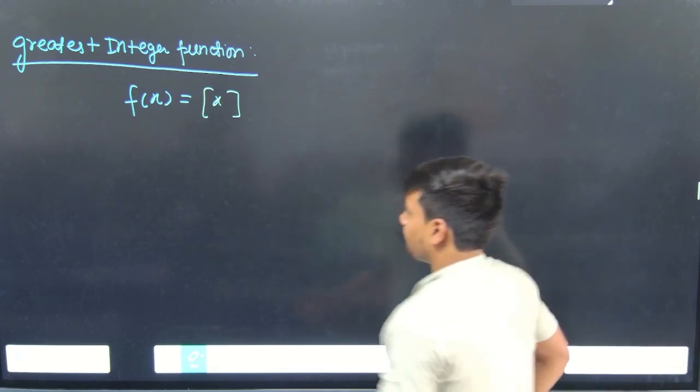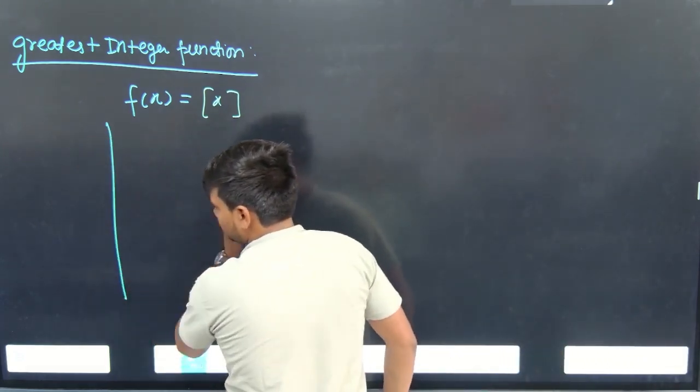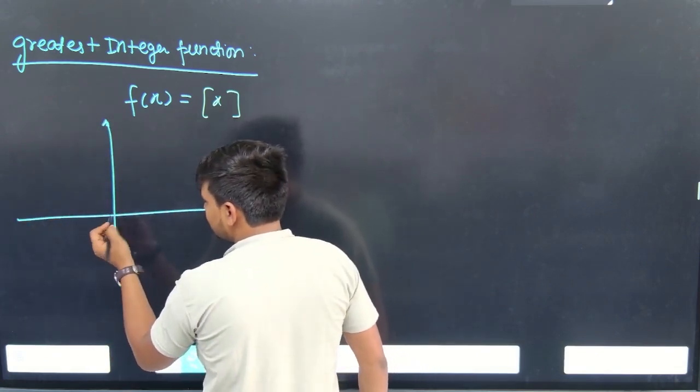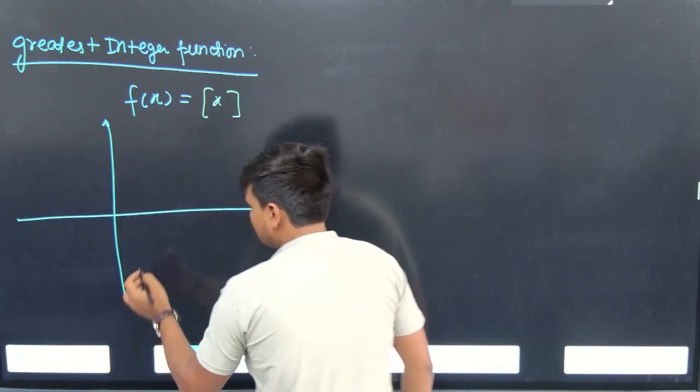Clearly, if we see the graph of the greatest integer function, it is stepwise, like from 0 to 1.